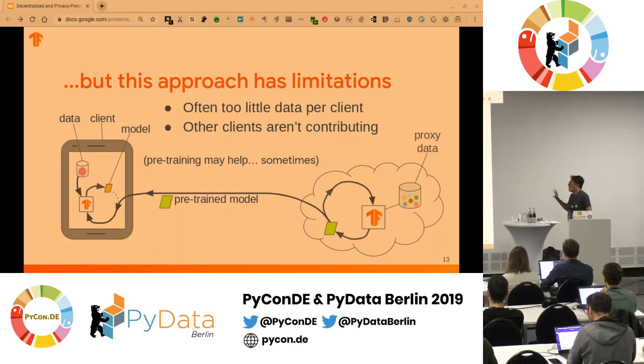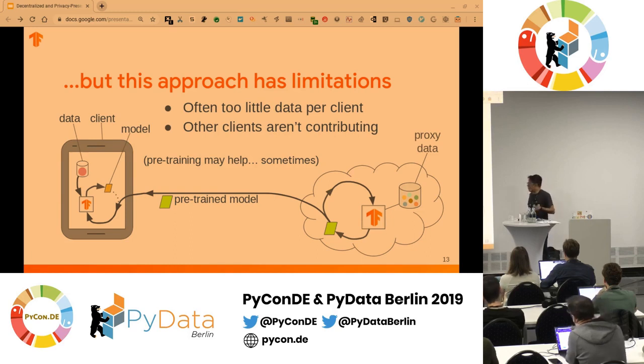So this is one alternative that people have tried, right? You pre-train a model on the server with some proxy data that you either generate or farm off devices, which is also sort of a gray area. How do you get that proxy data? You have to have some intuition about real data, and there is a privacy compromise right there.